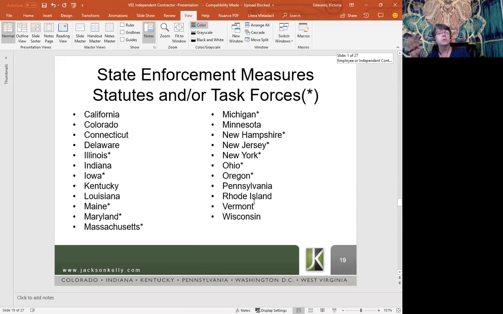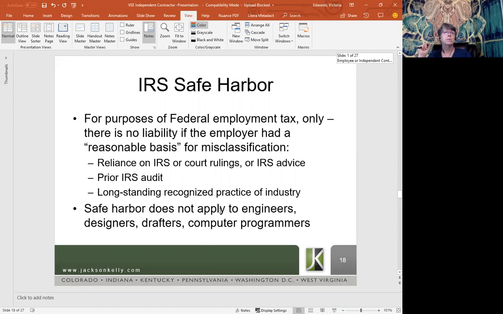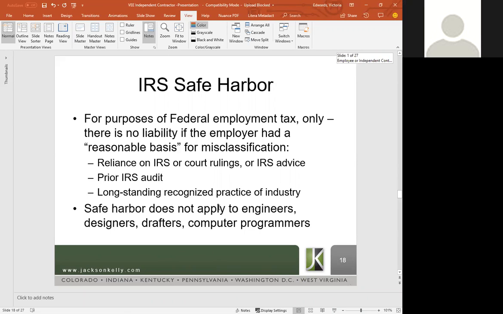Can you explain what this means? Yeah, so even if they went through all the factors that I just talked about, and they found that there might be an employee status where you claimed as a company independent contractor status, there are safe harbors that would prevent you from being fined, right?